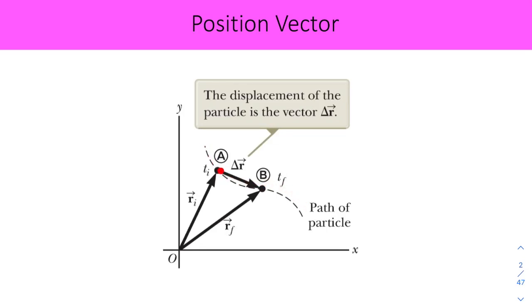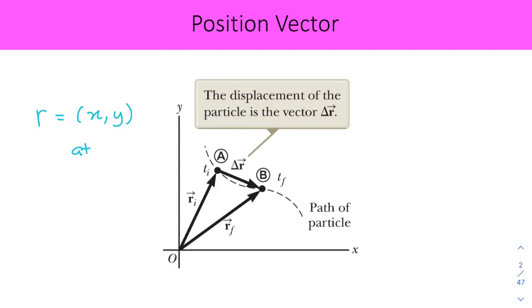At position A, the initial position, it has R initial as the position vector. Within the R, if you still remember, this is polar coordinate. Within the R, you have the information of the X and Y coordinates, the Cartesian coordinates, at what angle.